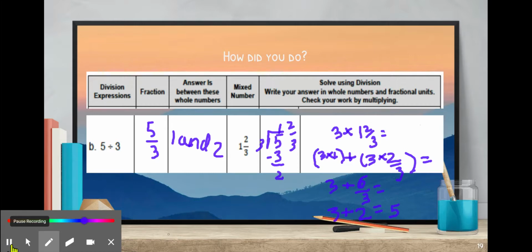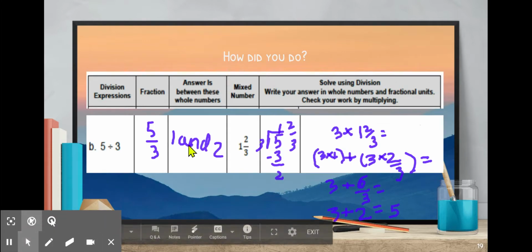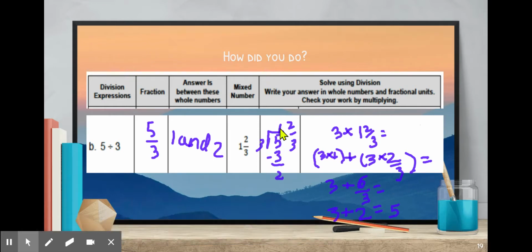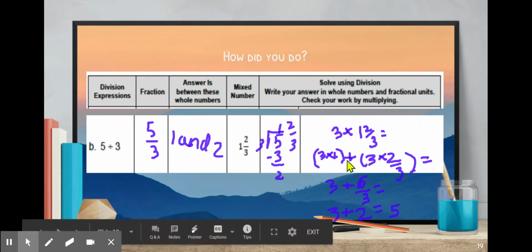Look at your answer and see if it is the same as what I had. 5 divided by 3 is the fraction 5/3. That is between the whole numbers 1 and 2, because the mixed number that is equivalent is 1 and 2/3. Here's how I found that mixed number. 5 divided by 3 would be 1 and 2/3. Here's my multiplication check.